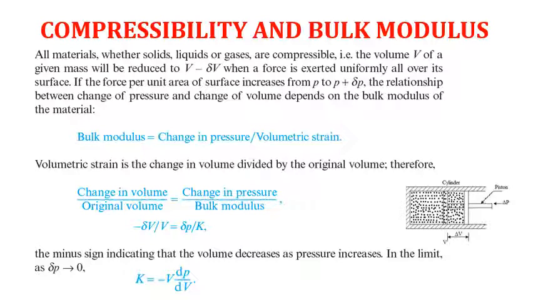Volumetric strain is change in volume to original volume, right? And because it is reducing the volume, we can use a negative sign with it. And we use a symbol K for bulk modulus. So rearranging, we'll get bulk modulus is minus V dP over dV.